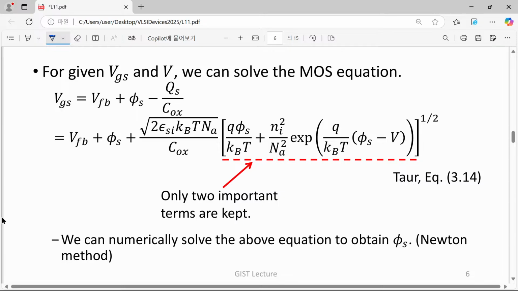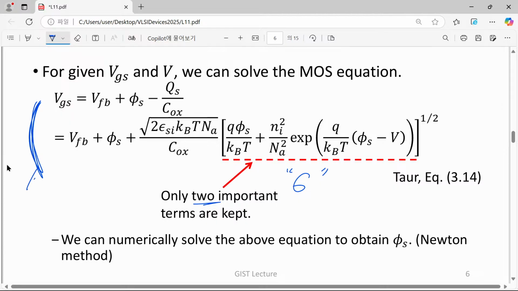So before performing this Pausa equation, first of all, we have to solve this. This is already a little bit simplified because here we have in total 6 terms, but 2 major terms are kept here. But anyway, first of all, we have to solve this MOS system.